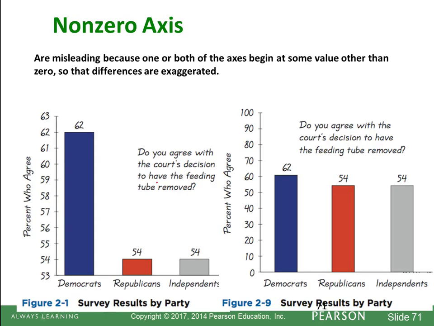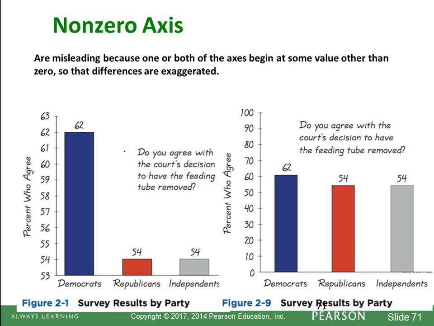Here is just, do you agree with the court decision to have the feeding tube removed? And they looked at this data. This data would be from when the parents or the significant other have to go to court to have the feeding tube removed from a patient in a vegetative state.